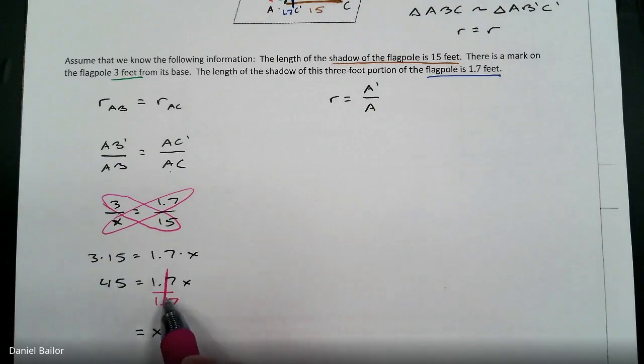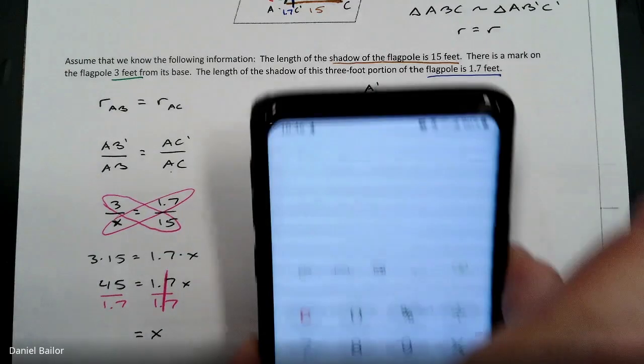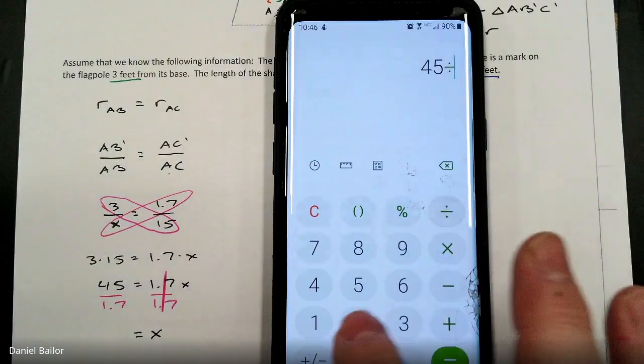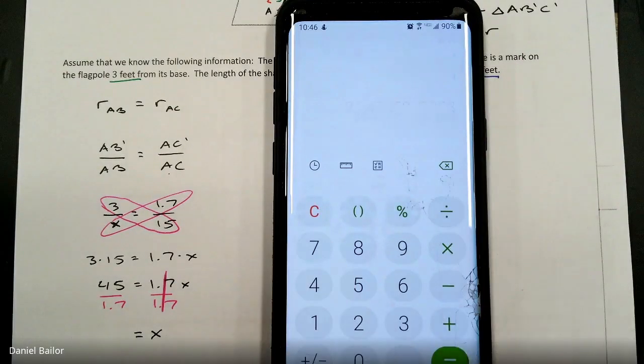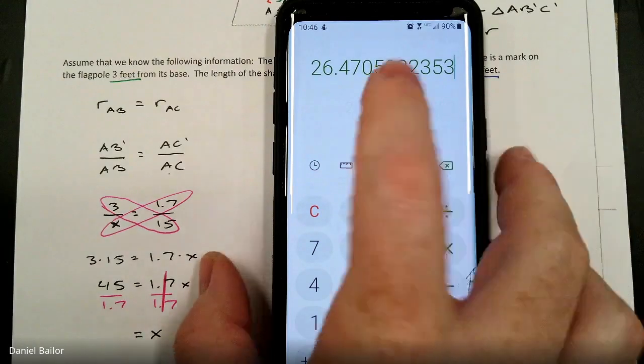But if I change this side, I have to change this side, so I have to do 45 divided by 1.7. This is where you are allowed to bust out your calculator and use it to help you. You do 45 divided by 1.7, and you get 26.47. I'm just going to round to 2 decimal places.